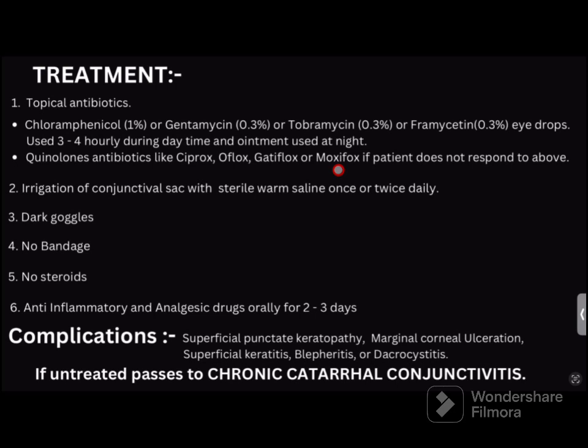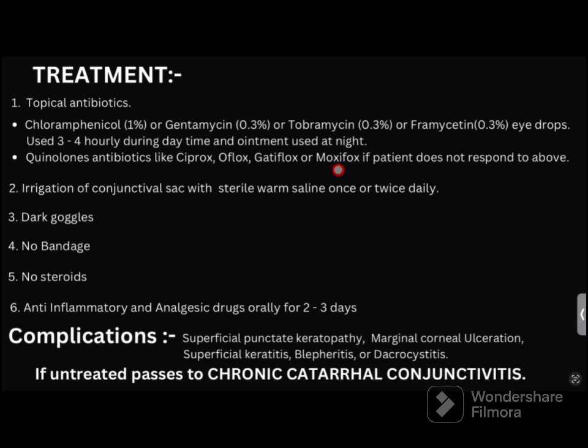Then no bandage should be applied in patients with mucopurulent conjunctivitis, because exposure to air will keep the temperature of the cul-de-sac low. This will inhibit the bacterial growth. Whereas when you bandage it, the conjunctival sac will get converted into an incubator. So the infection will flare up to a severe degree within 24 hours.